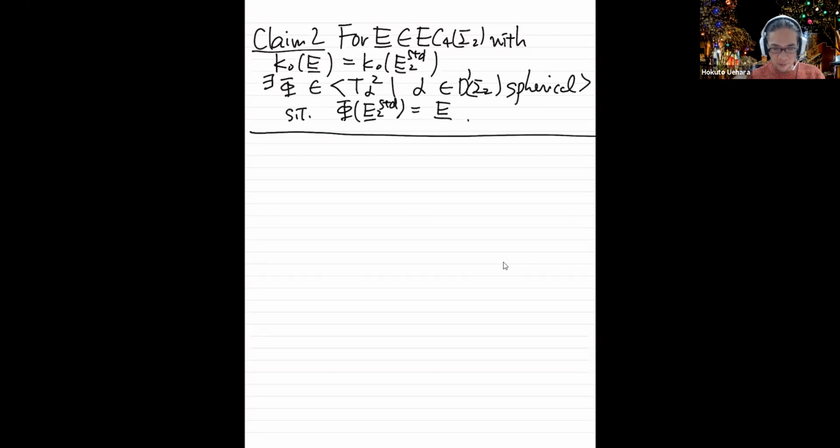So I mean, if E bar is an exceptional collection of length 4 with some property on the Grothendieck group level, we can find such an autoequivalence.